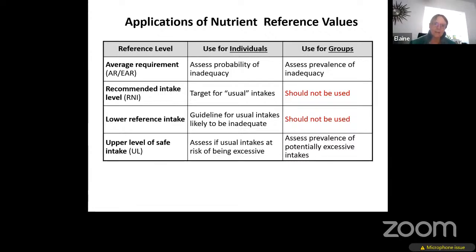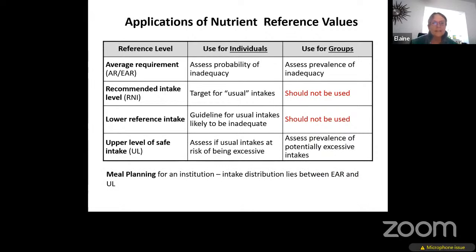And the UL, the upper level of safe intake, that's an amount where if you're consuming that amount, there would be a risk of an adverse effect. So for the individual, you'd want to make sure that their usual intakes would be below that. And likewise for the population, for epidemiological purposes, you'd want to make sure that the highest consumers in the population stayed below that level. So those are the key levels that we've been talking about.